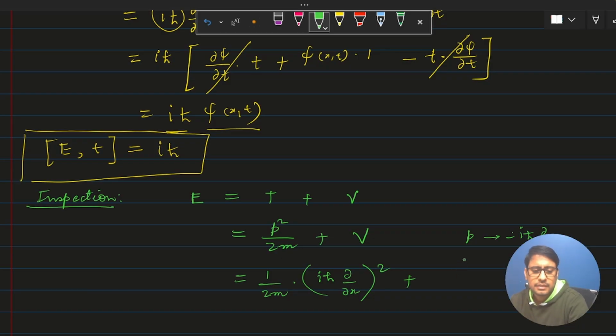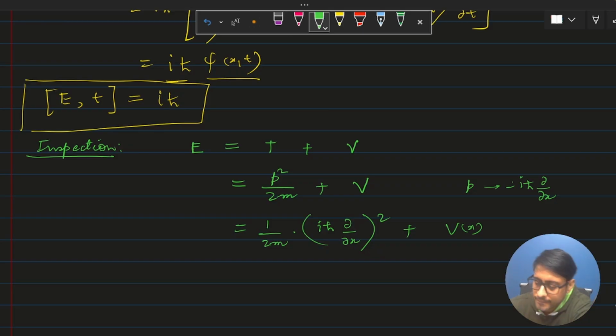Plus, we can take the potential term to be 0, or just take this potential term as V(x). For simplicity, we can also take it as 0, but let's take it as V(x).